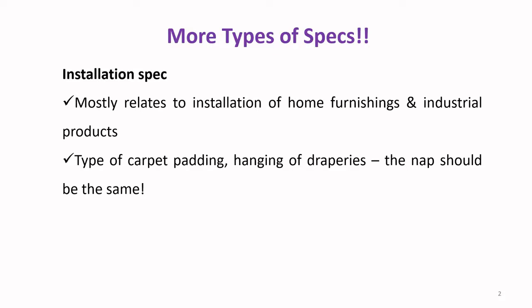So if you have 2 velvet curtains with the nap in one direction, up let's say, and 2 other curtains with the nap in the lower direction, both of them are going to look like 2 different types of curtains, which is going to look ugly. So in the hanging of the draperies, the nap has to be kept in mind. Otherwise, the entire purpose would be defeated.